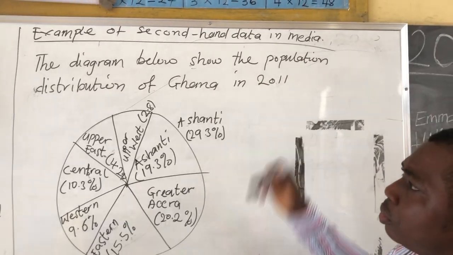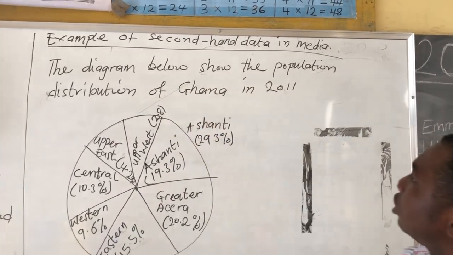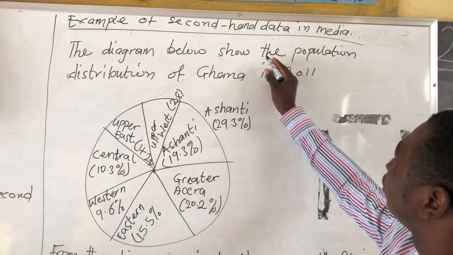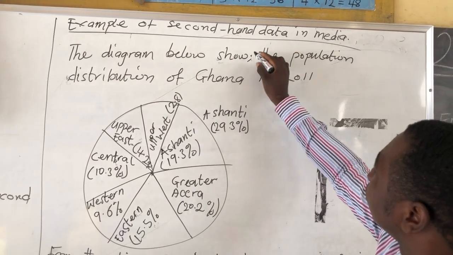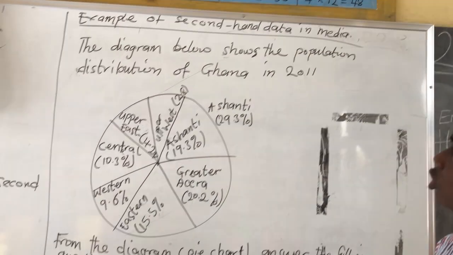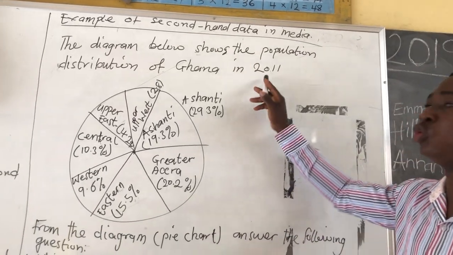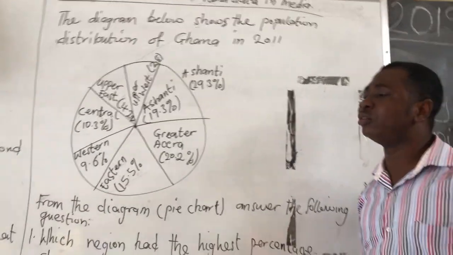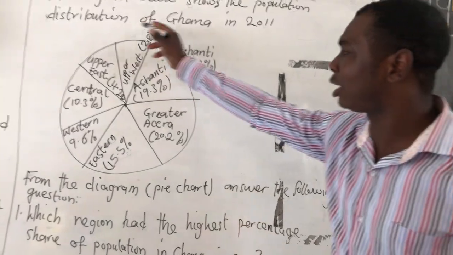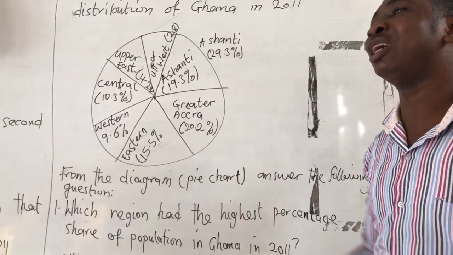Example of second-hand data in media. The diagram below shows the population distribution of Ghana in 2011. This diagram can be a pie chart.